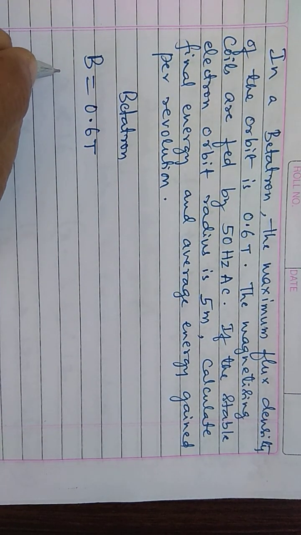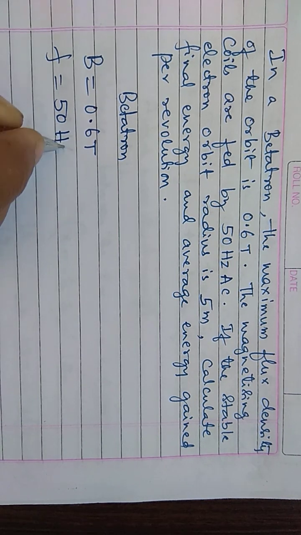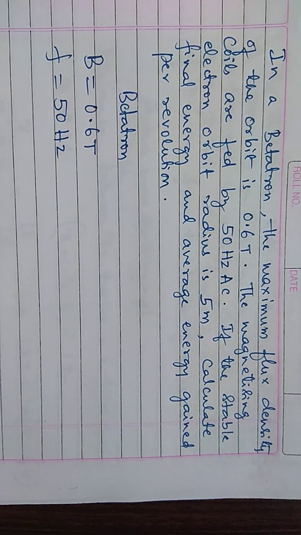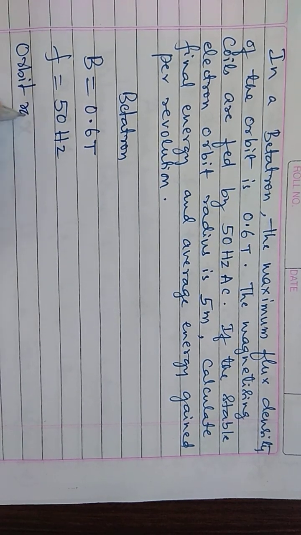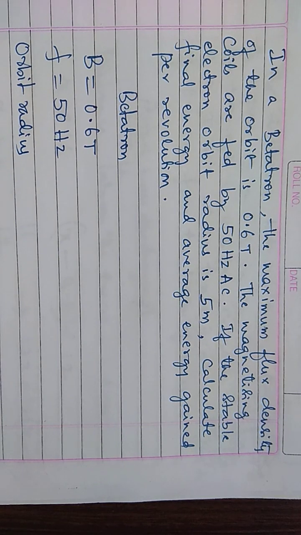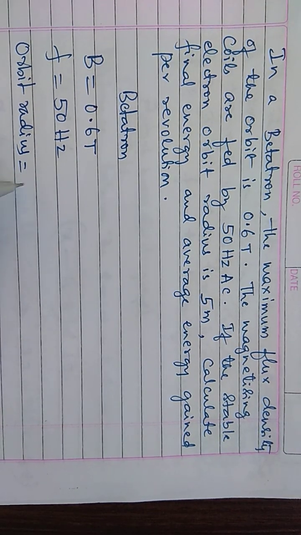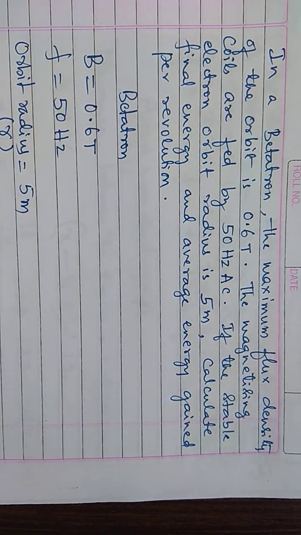Frequency is given as 50 Hertz. Electron orbit radius is given, 5 meter. That is a radius, small r.